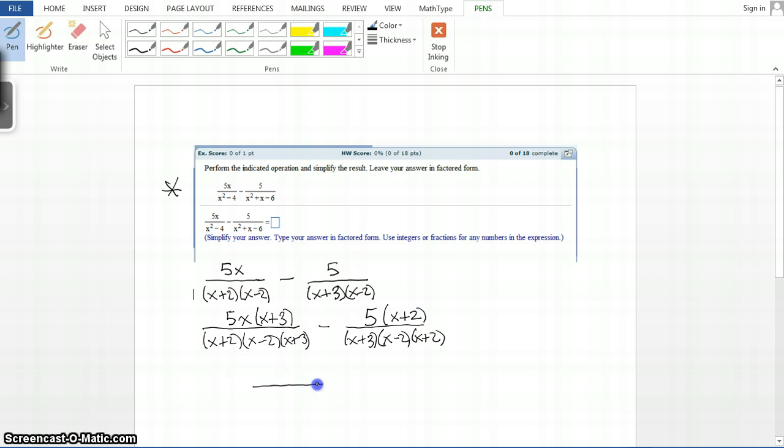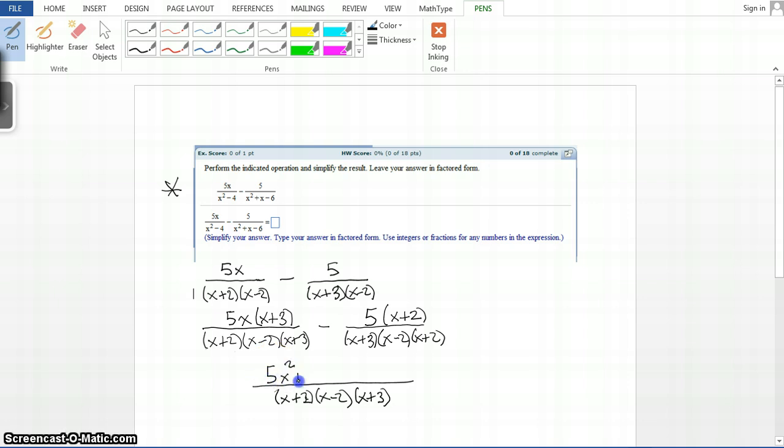Alright, so when we actually do the subtraction, we'll have it over one common denominator, x plus 2, x minus 2, and x plus 3. Now, up here in the numerator, let's go ahead and distribute the 5x.